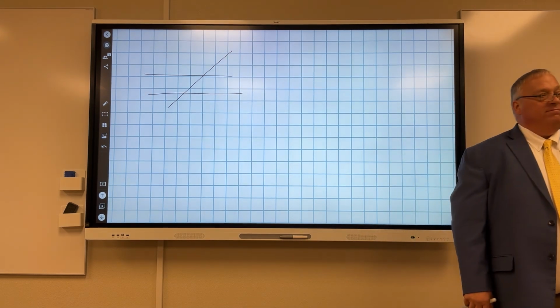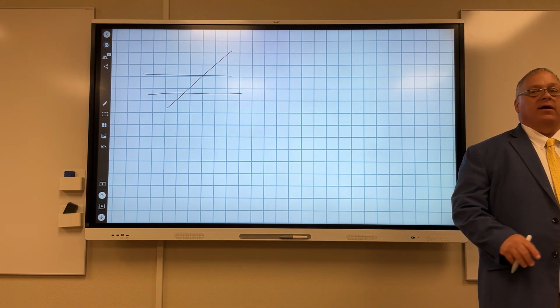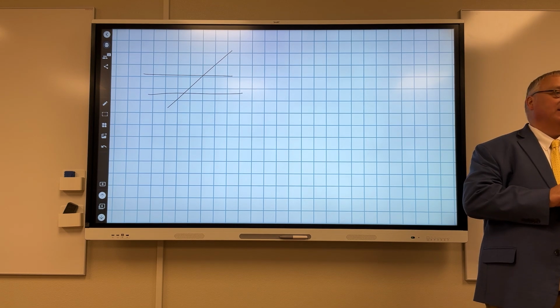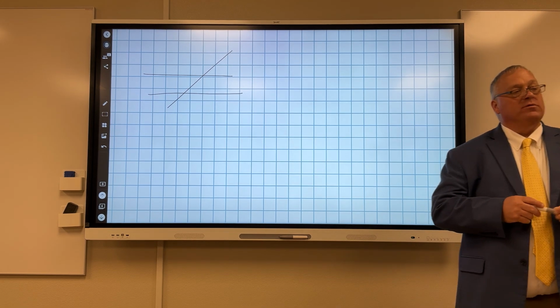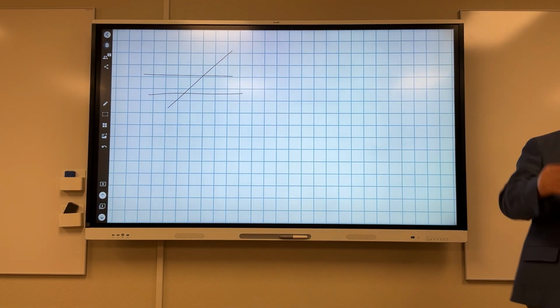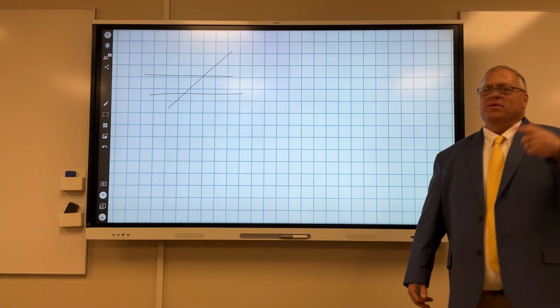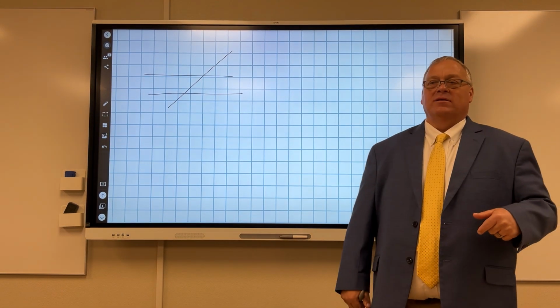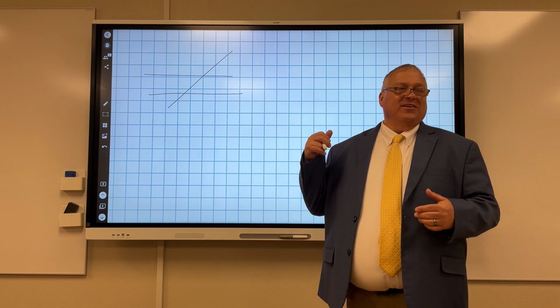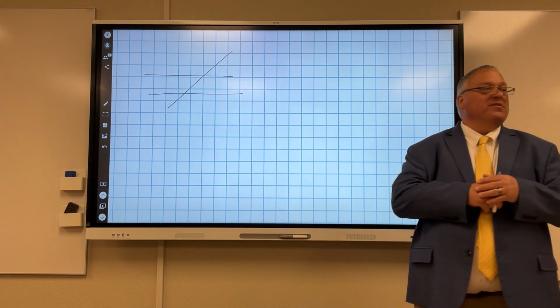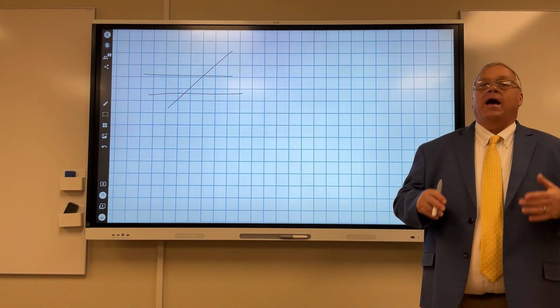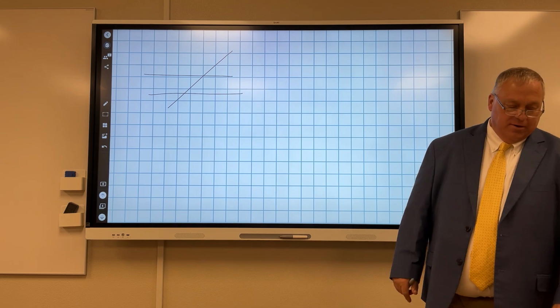I have a set of parallel lines bisected by another line. Now, if that was a perfect bisection so that I had 90-degree angles, you could agree with me that all the angles would be equal, right? But it's not a 90-degree angle. It's not a perfect square at any point.